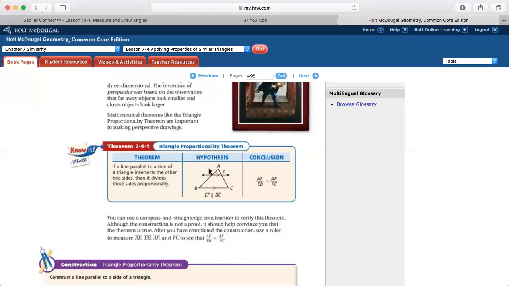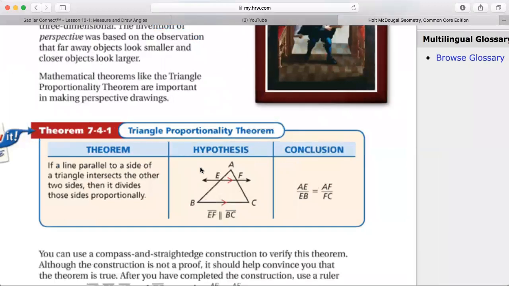Like this one, if EF is parallel to BC, it will intersect AB and AC proportionally. So AE over EC is equal to AF over FC.